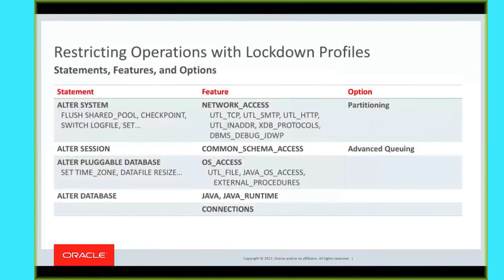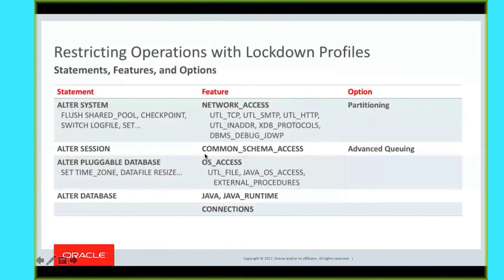The options are pretty much unlimited here. Whatever you can do with alter system, you can disable each and every possibility. And feature-wise, you can disable network access altogether, or you can disable a single component of network access, such as you can just disable HTTP, or you can just disable SMTP, UTL_SMTP.